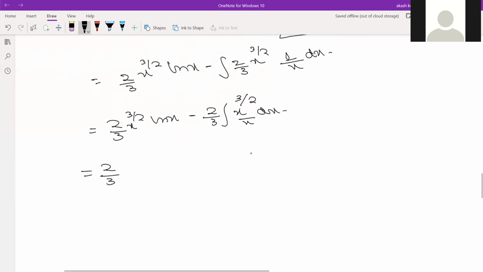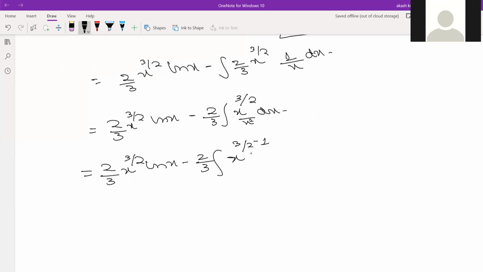So 2 by 3 x to the 3 by 2 ln x minus 2 by 3. Can I take x to the power 1 to the numerator side? If it is power 1, then it becomes minus 1.